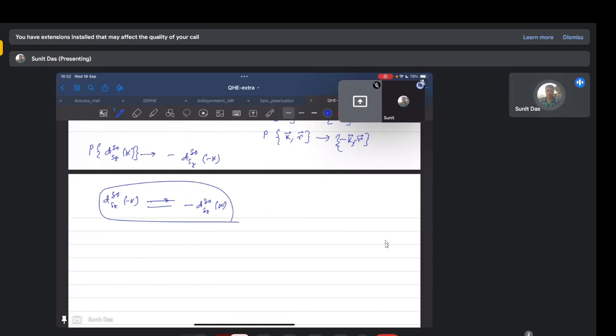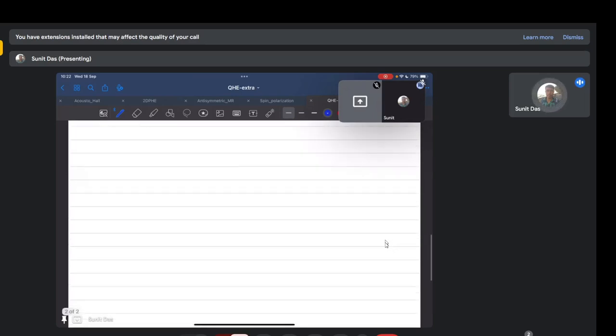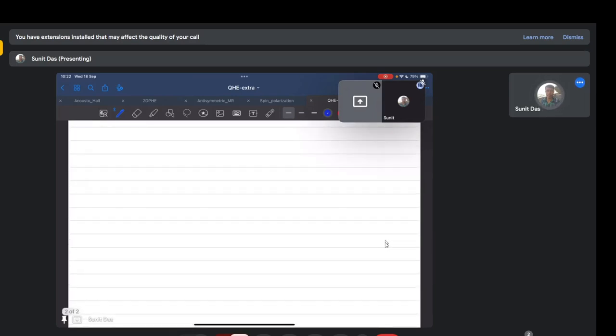And as I already said, it also preserves time reversal symmetry, which we can understand from the fact that the Haldane model breaks time reversal symmetry, but we are adding an extra spin component, and the spin component also changes sign under time reversal symmetry. So effectively, they do not change. But nonetheless, this can also be proved from explicit time reversal operators. We need to take minus i sigma_y K, where K is the complex conjugation.